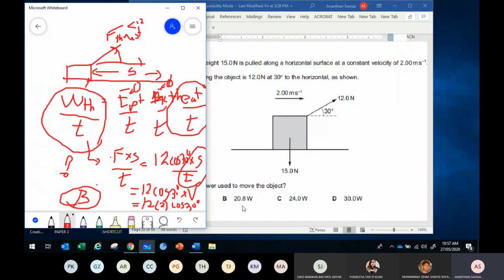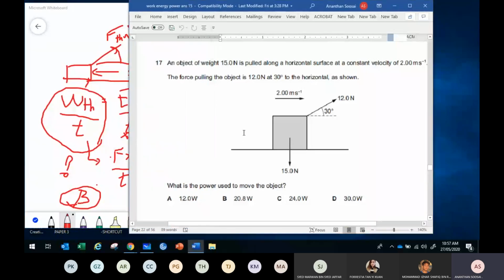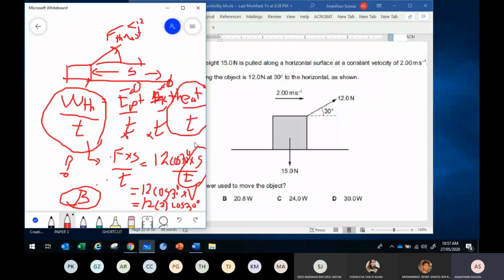The answer would be the same, 20.8. Because no EP rise, no EK rise, all the work done to pull the object is converting to heat. Rate of heat dissipation, heat over time, is the same as the input power. So it's 20.8.